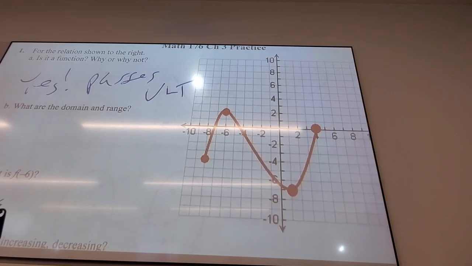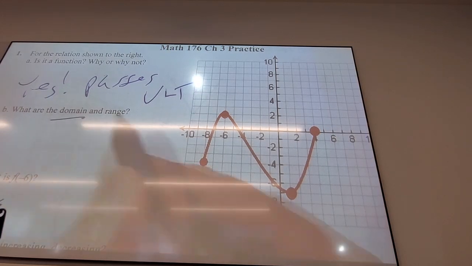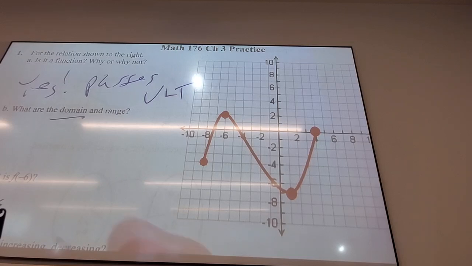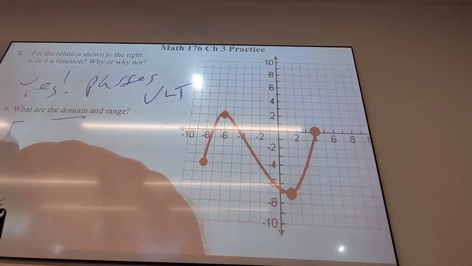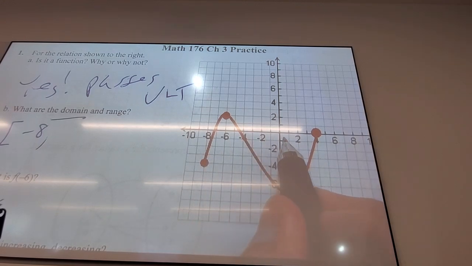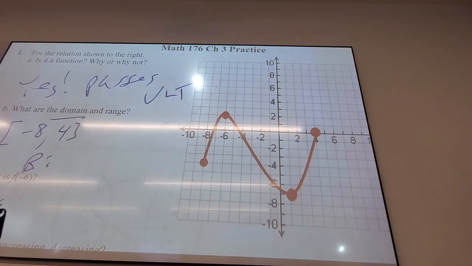Okay. So what are the domain and range? The domain, of course, is all the what values? X values that have outputs. So what's the lowest for the domain? -8. And the last x value that has an output? 4. The range, you do the exact same thing, but now you just do it for the y's.